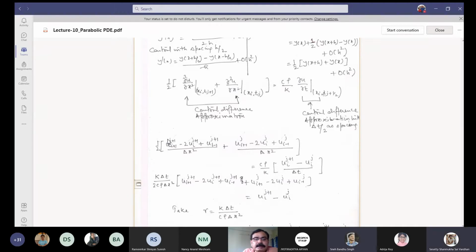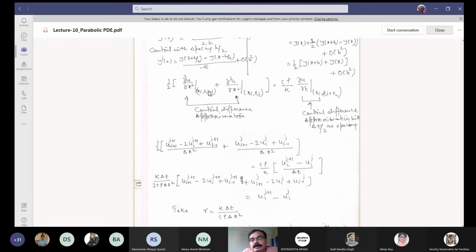Then this can be written as u^(j+1) fixed, because it is del 2 u by del x square with respect to x. So this is u_(i+1) minus 2 u_i plus u_(i-1), with j plus 1 fixed everywhere, divided by delta x square. So we have used the central difference approximation for del 2 u by del x square at x_i, t_j plus 1.